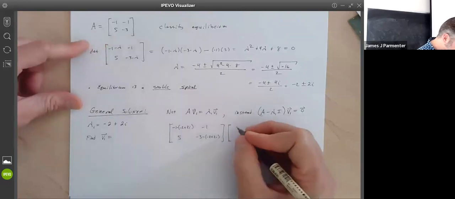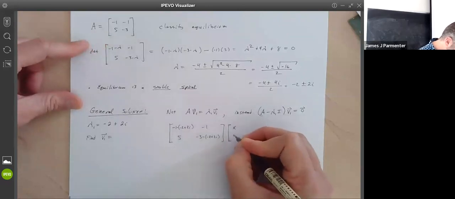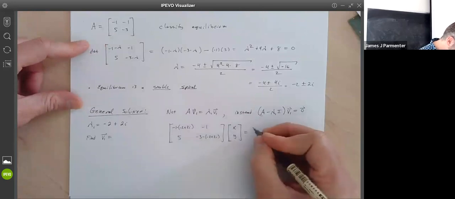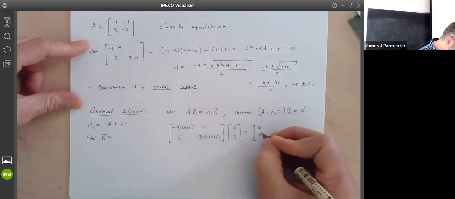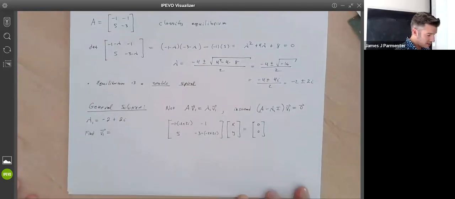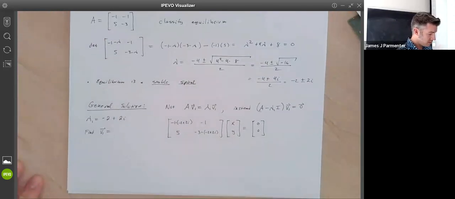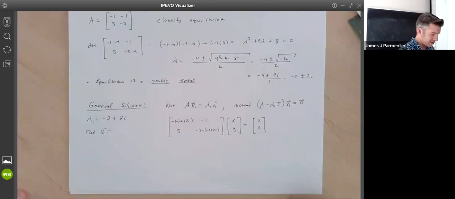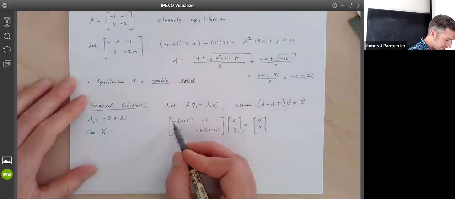Times our eigenvector that we're trying to find, equal to the 0 vector. Now, you can take either equation, but usually you're going to want to take the one where you get to let x equal 1. So I'm going to take this first equation.